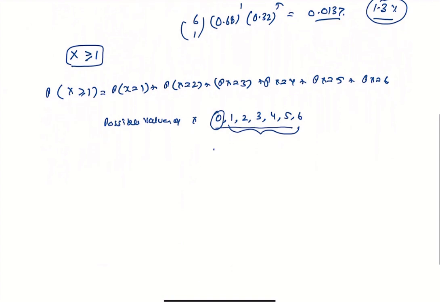So then you can just do 6 choose 0, 0.68 to the power 0, 0.32 to the power 6, and 6 choose 0 is 1, and 0.68 raised to the power 0 is also 1. Any value raised to the power of 0 is 1. So it will come out to be 0.99893.